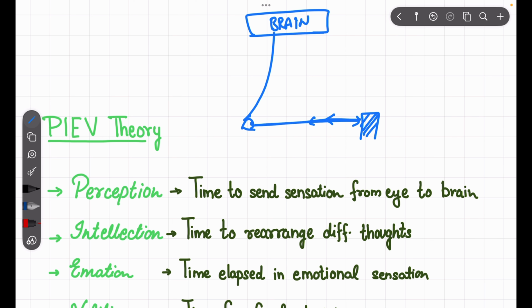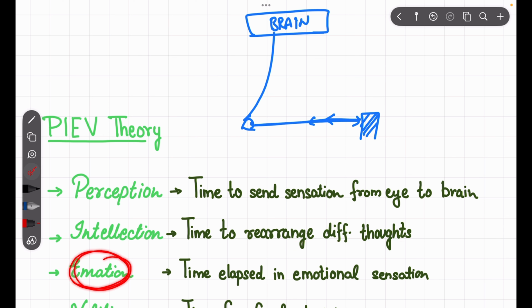Now what does the brain do? The brain assesses the situation, and that is what we call the intellection time, the time to rearrange different thoughts. As and when the signals are sent and perception is done, the brain will process the situation, rearrange different thoughts, assess the situation, and then, based upon the efficiency of the driver, it will react.